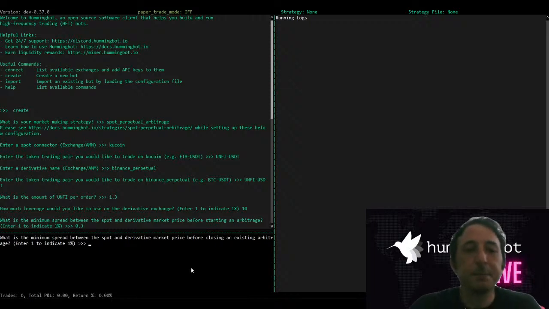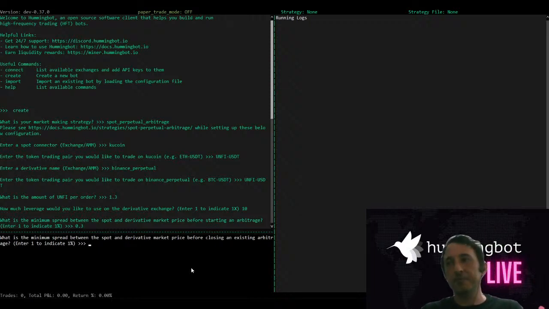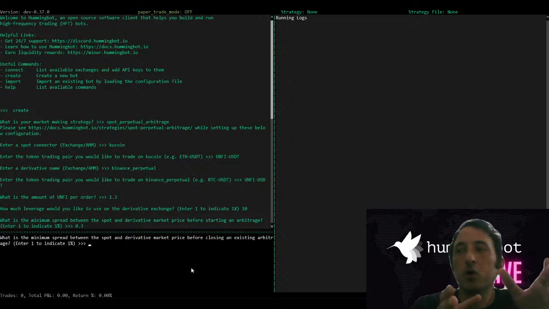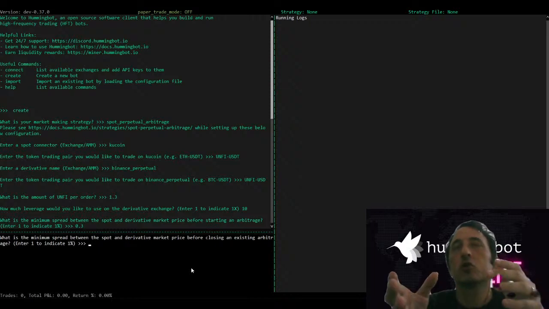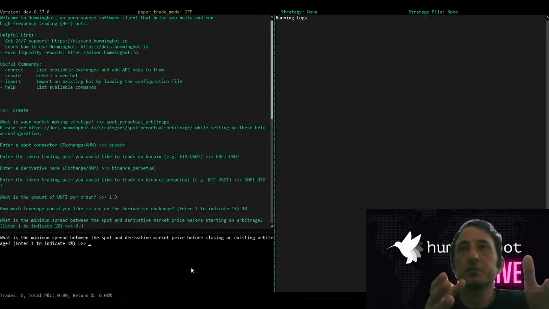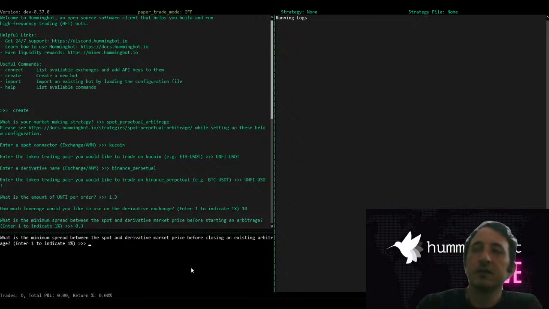And the minimum spread to close the arbitrage. This is the difference at which the open positions will be closed. Usually the ideal situation is for this value to be 0, so the prices would be crossing over each other.